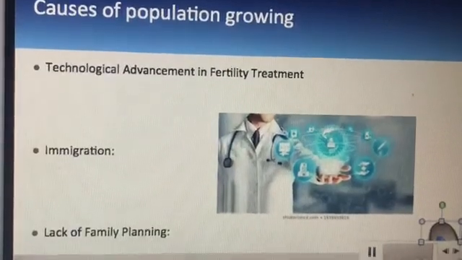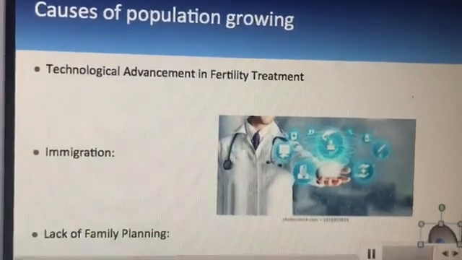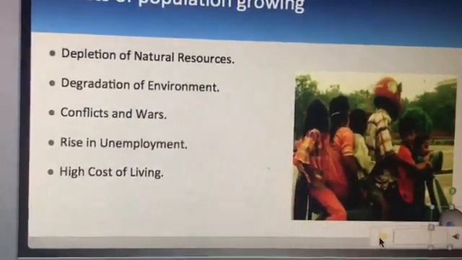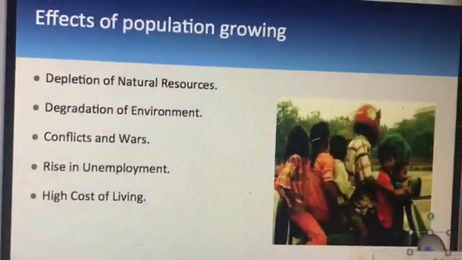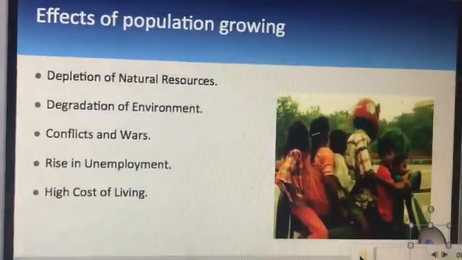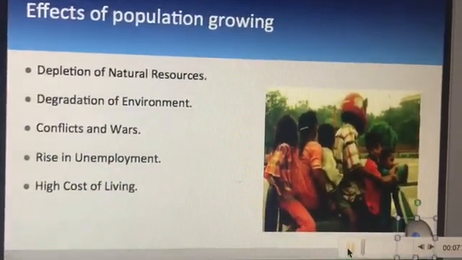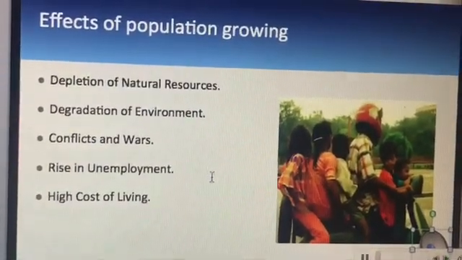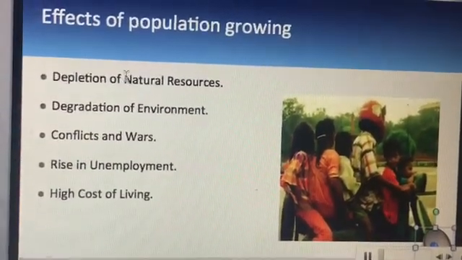And this is another word you will find at the end. The effects of population growth are actually very severe. The first of these is the depletion of resources.